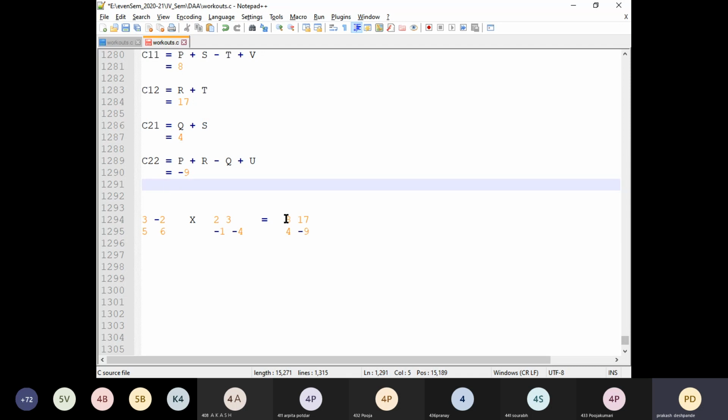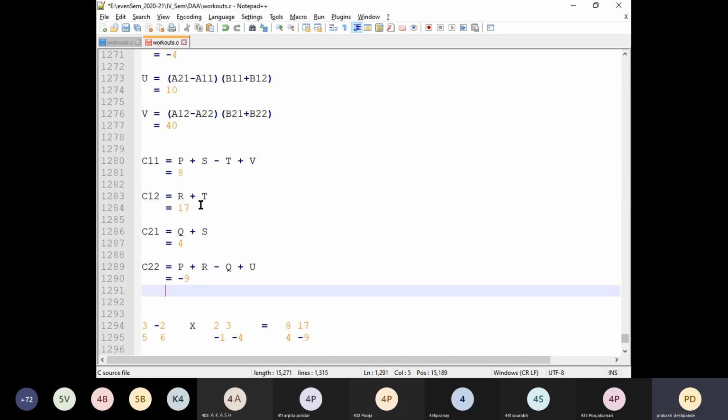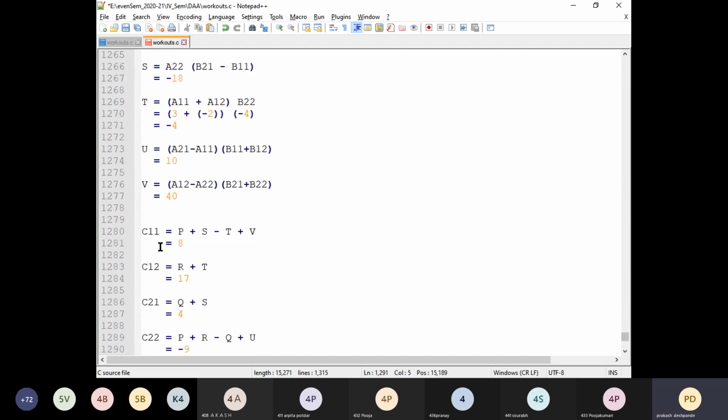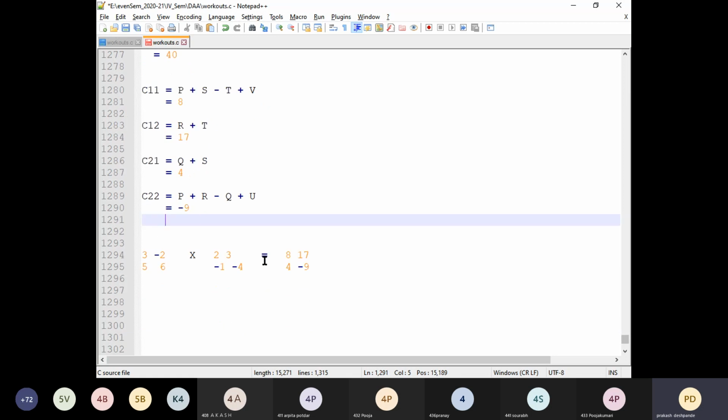For such students, just 1 mark is given out of 5. If the intermediate results of these P, Q, R, S, T, U, V are incorrect, then even if you write the answer by calculating using the traditional method, you will not get full marks, only 1 mark. So remember that.